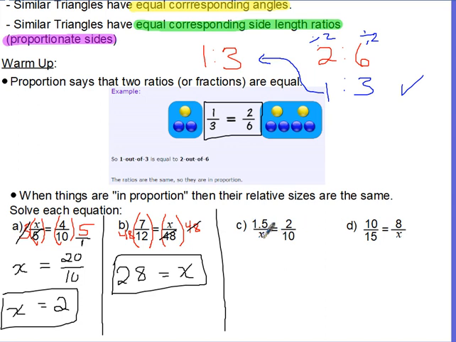What I'm going to do is, since we're used to having the x on top, we're just going to put it there. We're going to invert this fraction. And because we did that on one side, we have to do it on the other side as well. So we're going to have x over 1.5 equals 10 over 2. See how we just flipped both of the fractions. Now, we're going to do exactly what we did in the first two.